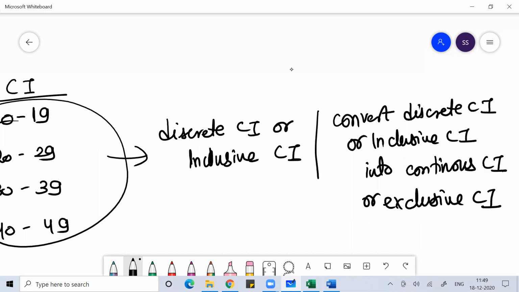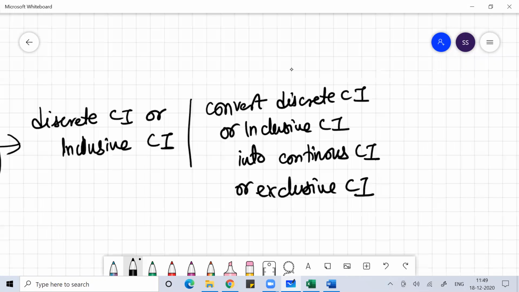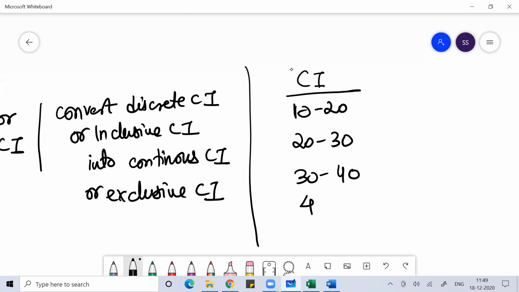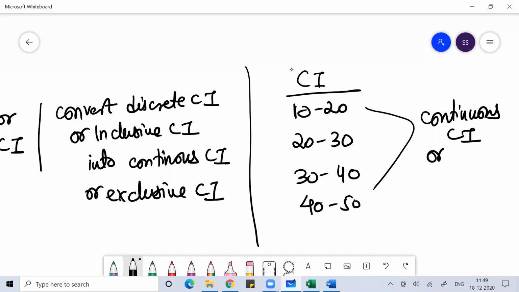So what is a continuous or exclusive class interval? Please pay attention here. Like 10 to 20, 20 to 30, 30 to 40, 40 to 50. This is called a continuous class interval or exclusive class interval.